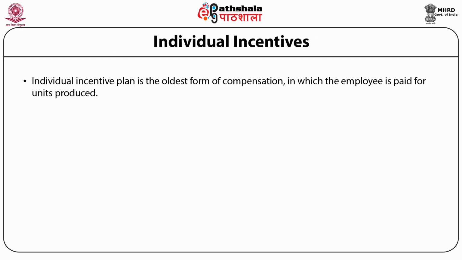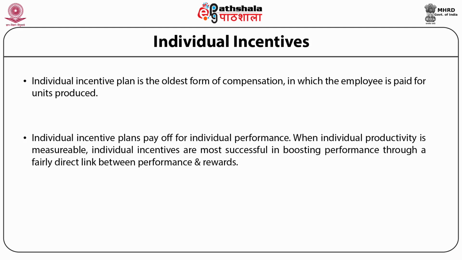Individual incentive plan is the oldest form of compensation, in which the employee is paid for units produced. Individual incentive plans pay off for individual performance. When individual productivity is measurable, individual incentives are most successful in boosting performance through a fairly direct link between performance and rewards.